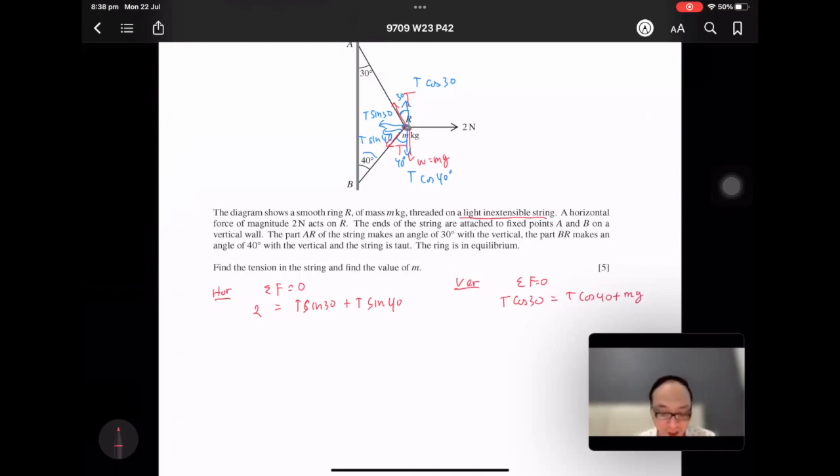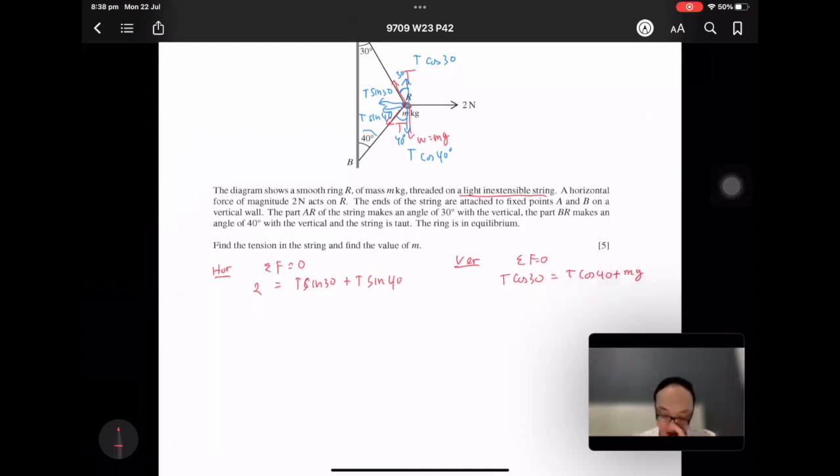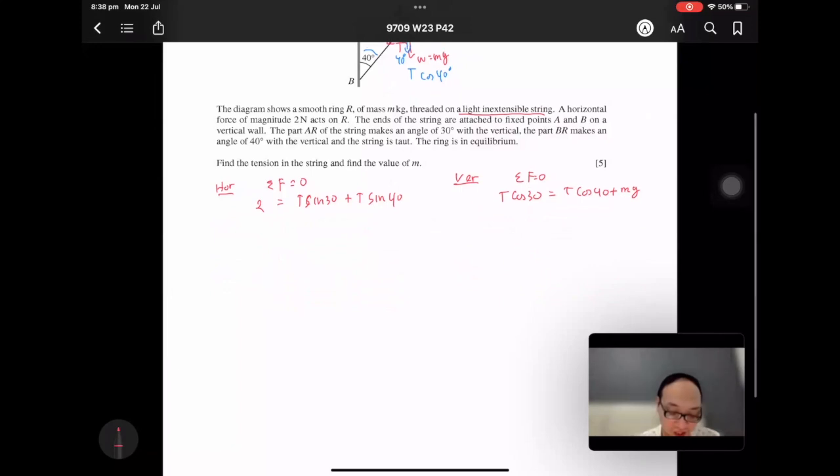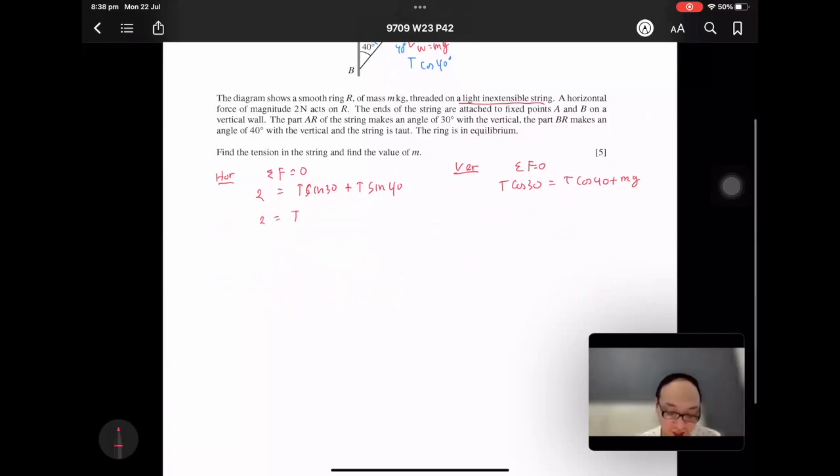So we need to find the tension and the mass. Since we have two unknown variables and two equations, we can do simultaneous equations. So I can find the tension first from the first equation. So 2 equals T times sine 30 plus sine 40.